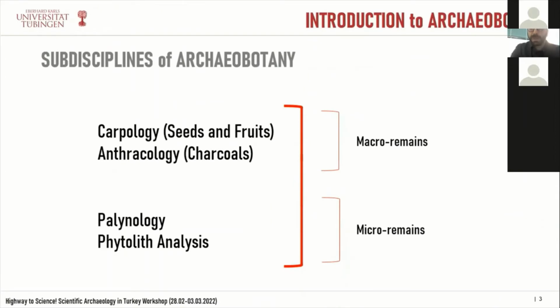So archaeobotany actually is like a larger framework for different subdisciplines or specialization areas. These specialization areas are carpology and anthracology. Carpology is what I am doing basically. It is the study of seeds and fruits.